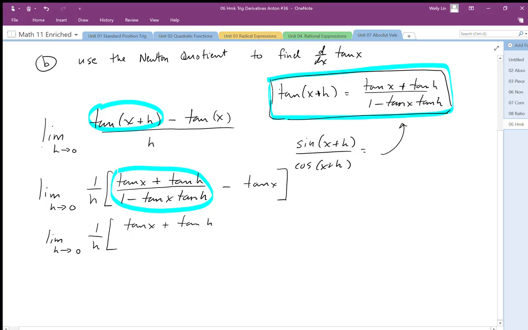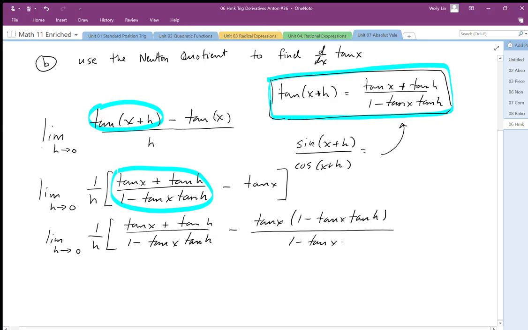Tan x tan h, 1 minus tan x times tan h, minus, and this becomes tan x times my denominator, 1 minus tan x tan h, over 1 minus tan x tan h. Okay, so I've now got a common denominator. When I multiply this out, I'm going to end up with some terms that cancel out.